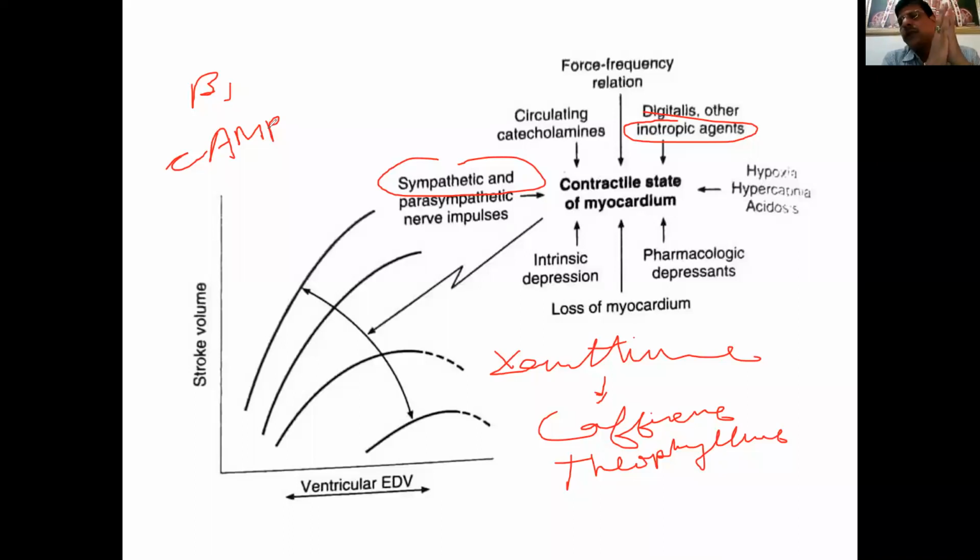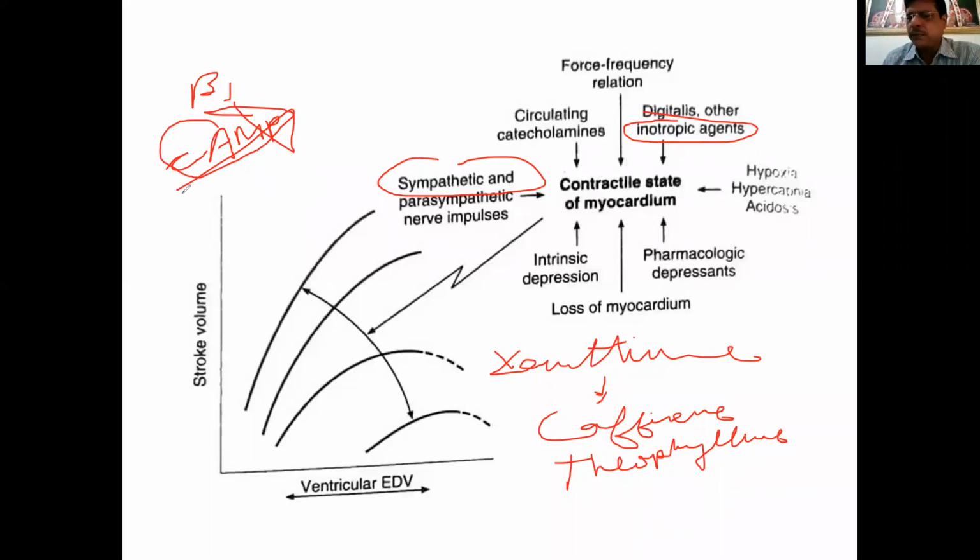See, when norepinephrine binds with beta-1 adrenergic receptors, adenylyl cyclase is activated. Adenylyl cyclase will act on ATP and convert it into cyclic AMP. Cyclic AMP will activate protein kinase. My question is, if this whole thing has to be stopped, cyclic AMP has to be destroyed. Somebody told the answer, I think Sri Kirti.